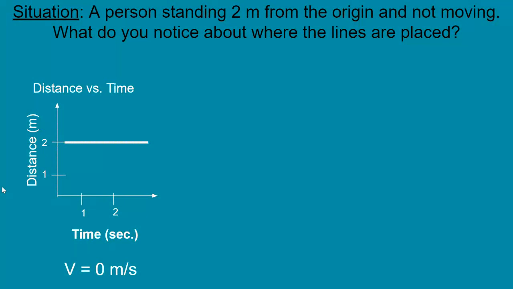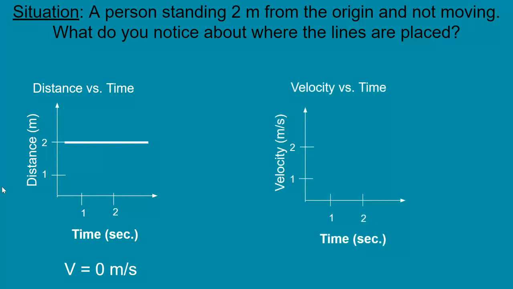Zero slope on that distance versus time graph means that it's zero velocity. But what does this look like if somebody's standing still in terms of a velocity versus time graph? Are they accelerating? No, not at all, because they're not moving. So that would just be down there at the 0 point that we would have a horizontal line, and that would be indicating that the velocity was 0 there.